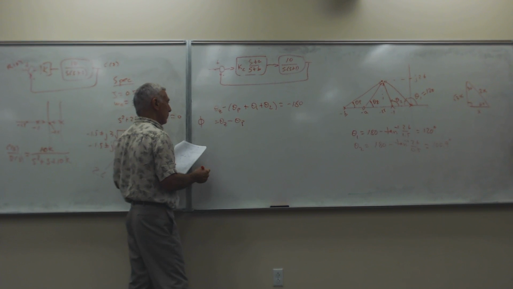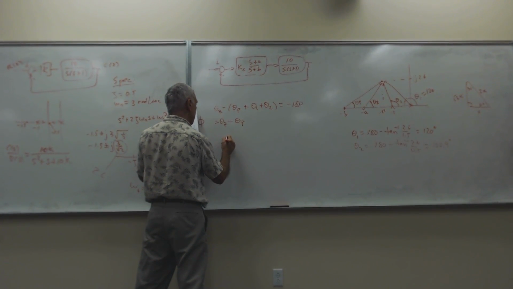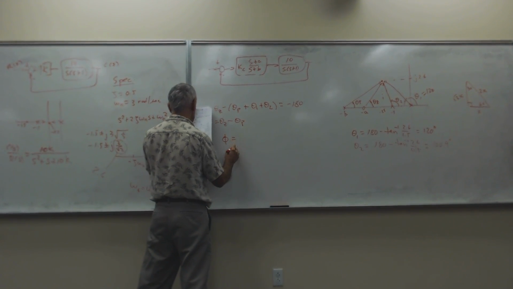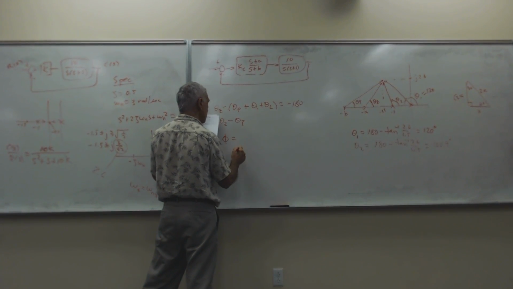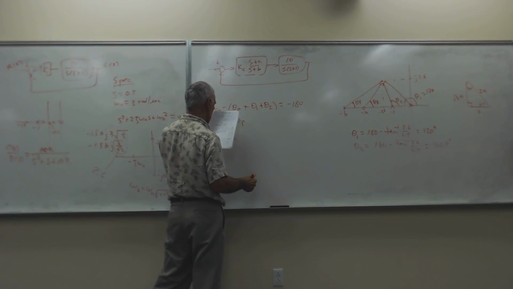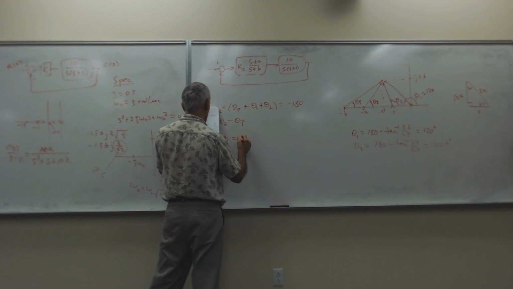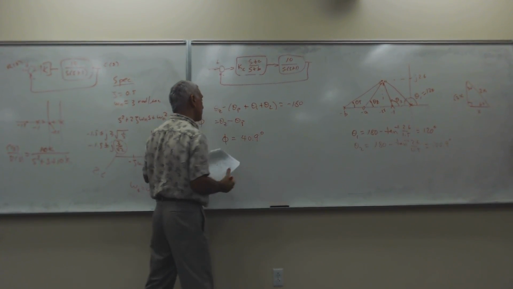Okay, and so we have the phi here is going to be equal to, plugging in the values of theta 1 and theta 2, which we know, 40.9 degrees.